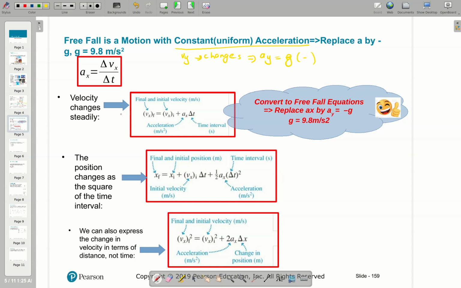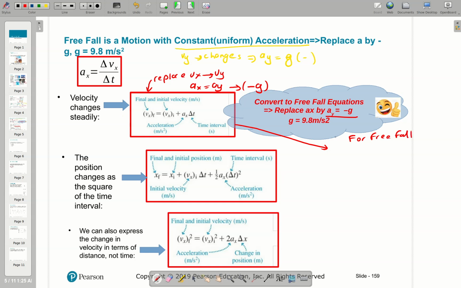So all these equations we're going to write in terms of free fall. What I'm going to do is replace Vx by Vy and Ax by Ay, which we'll replace as minus g, because this is what the book does at certain points.